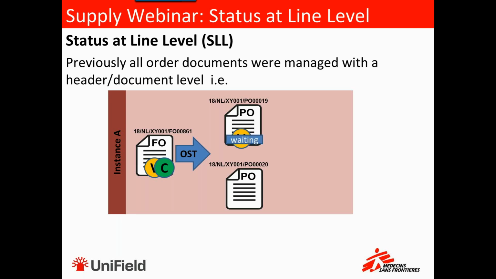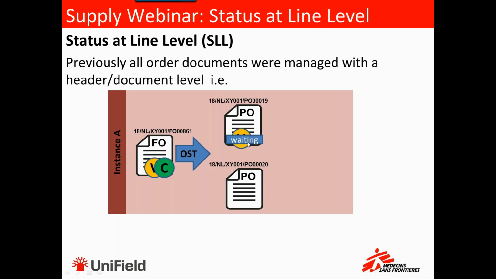You could not fully confirm your purchase order number 19 until you went and processed purchase order number 20. So your new status for purchase order 19 was actually indicating confirmed waiting.